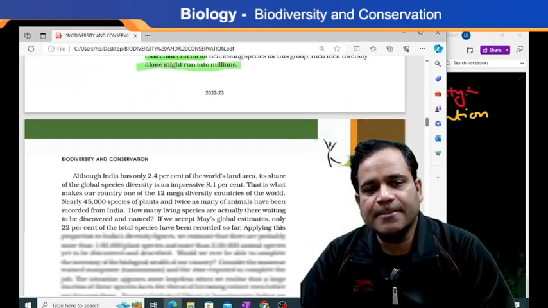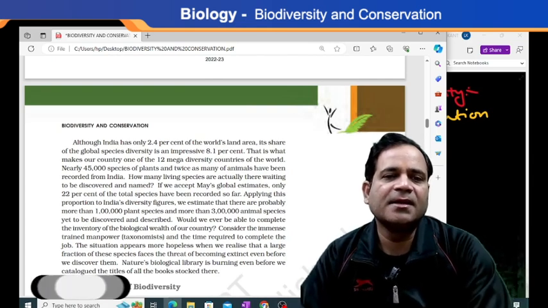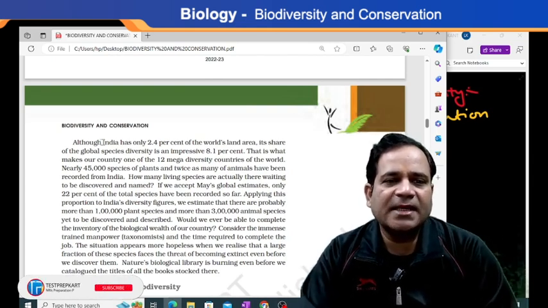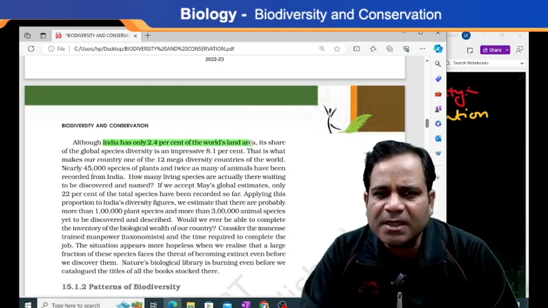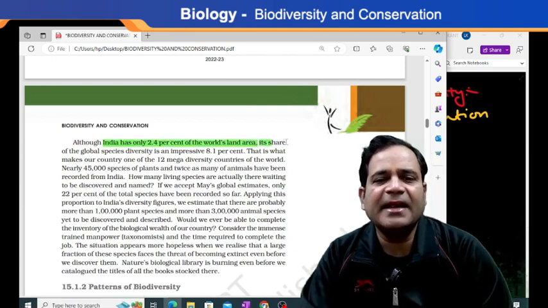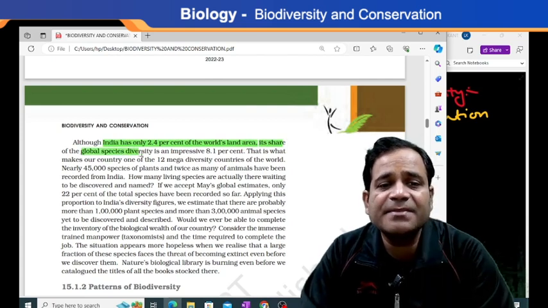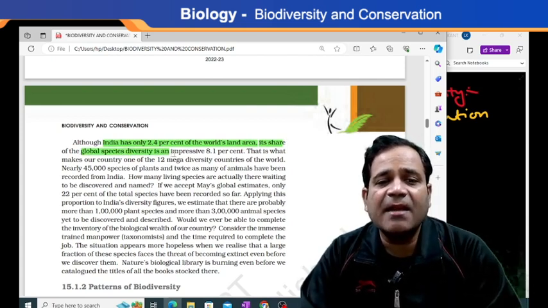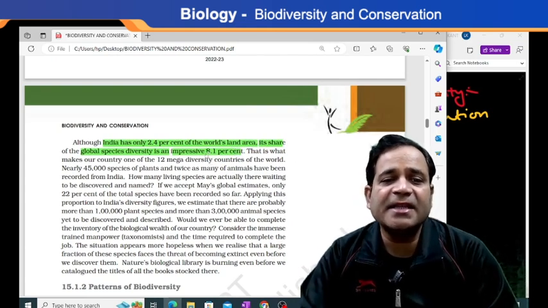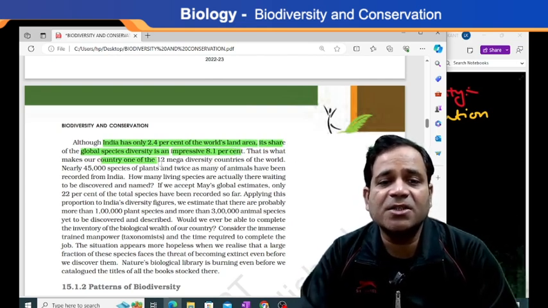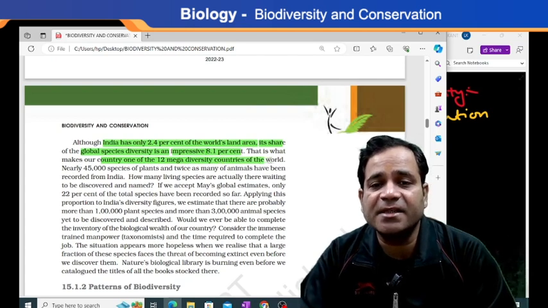Although, you know, in India, this is an important line, with 2.4% of the world's land area, it has an impressive 8.1% of the global species diversity. That is what makes our country one of the 12 mega diversity countries of the world.